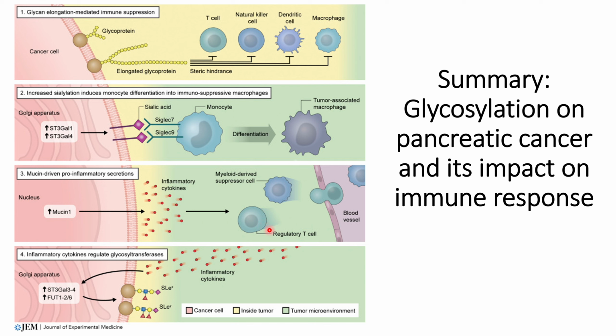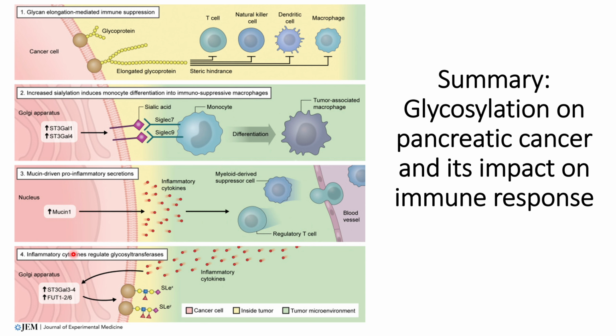In general, the function of regulatory T cells is to prevent the autoimmune response by preventing the immune cells from attacking their own cells. However, this property of the regulatory T cells is exploited by the cancer cells through upregulation of mucin 1, which leads to inflammatory cytokines that cause regulatory T cells to suppress the immune response against the pancreatic cancer cells.